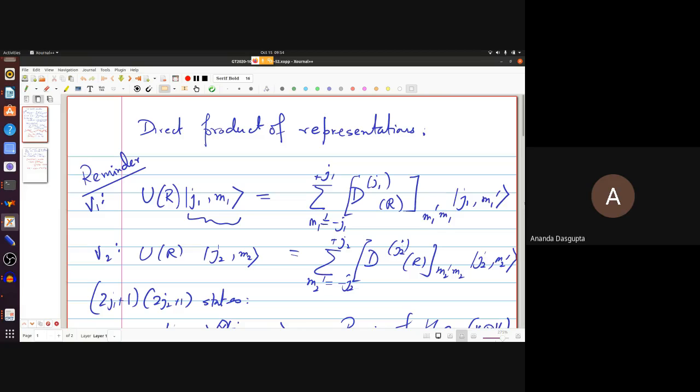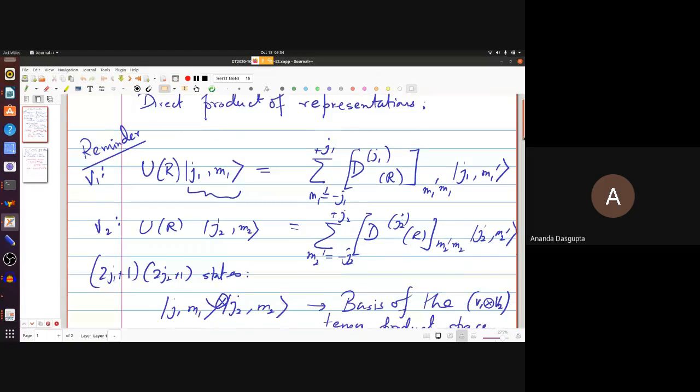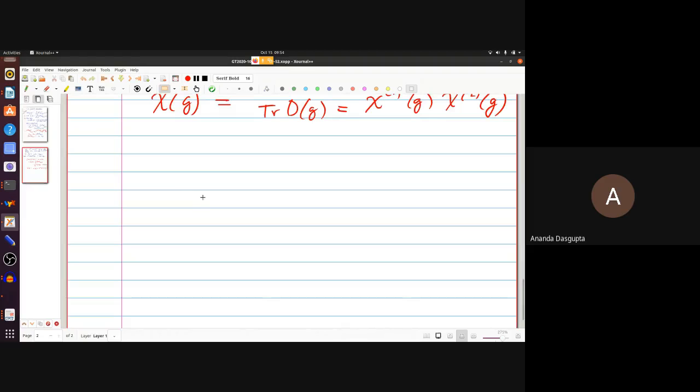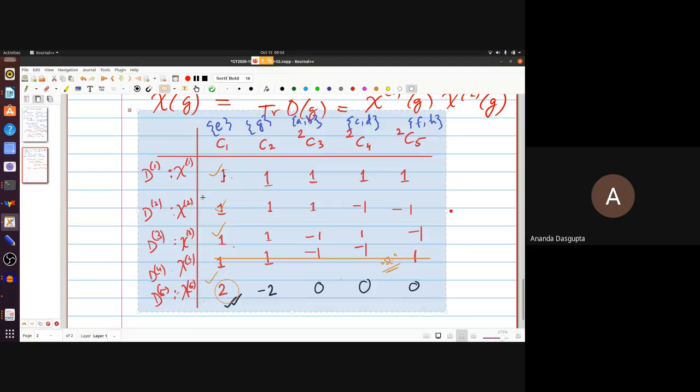Yeah, I think I should be able to paste it here. I'm still new to this app, so I'm not very sure whether I can do it. Let's hope I can. Yeah, great. So I have the character table for the symmetry group of the square right here.